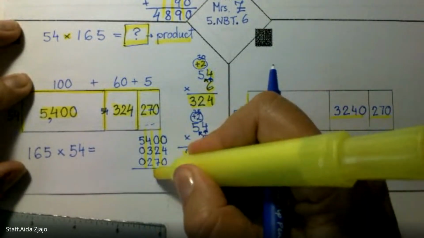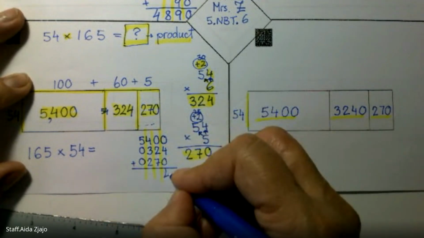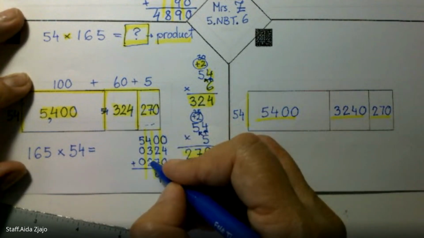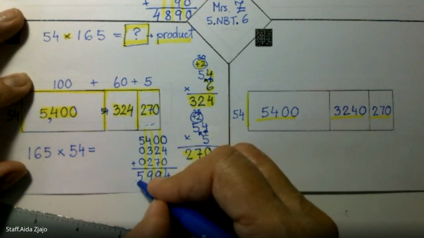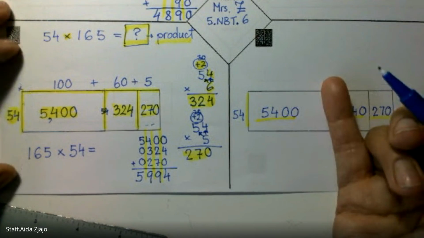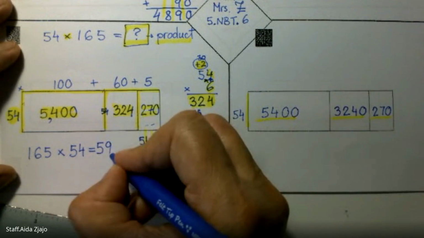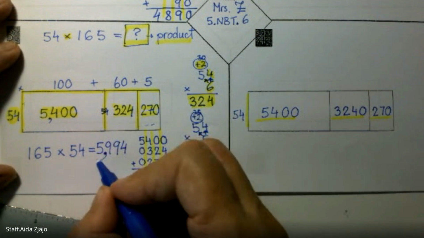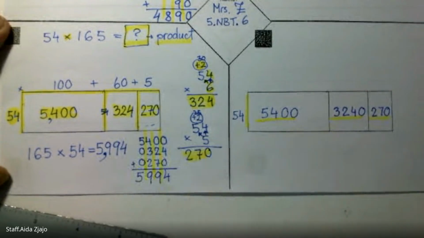So I'm going to add: 4, 9, 43, 7, and 8, 9 again. And that is 5,994. So the answer is 5,994, and this number is called the product. And this was an example for multiplication.